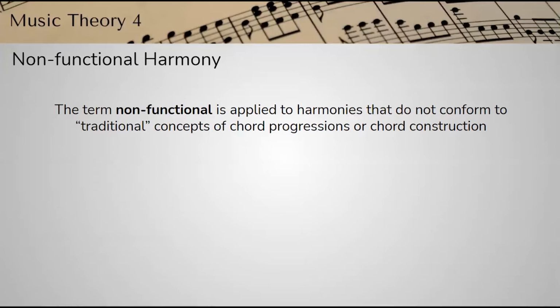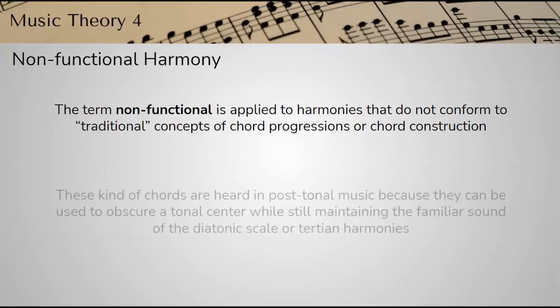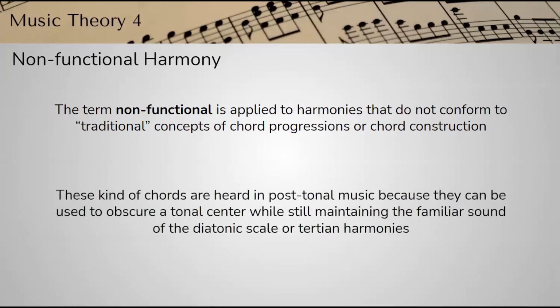There are various ways this can be implemented, but essentially it just means that there may or may not be a tonic, or there may or may not be a clear dominant chord. There's some kind of non-traditional, non-functional relationship the chords have that is not bound to the rules of function that we are used to. These kinds of chords are heard in posttonal music because they can be used to obscure a tonal center, right? If there's no tonic or dominant relationship or subdominance, there's no structure.